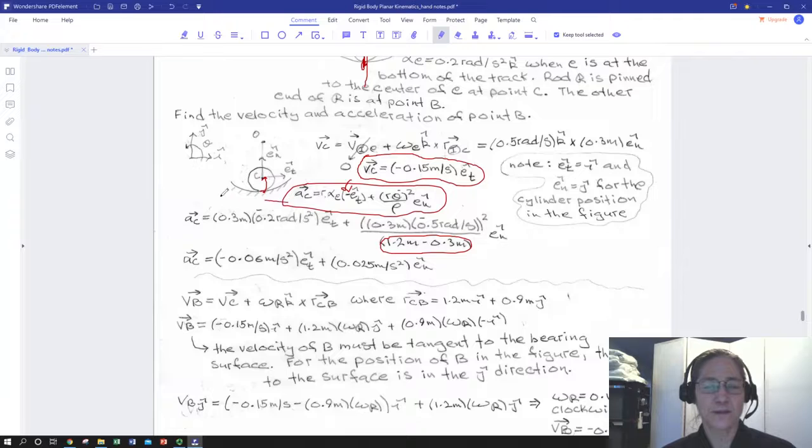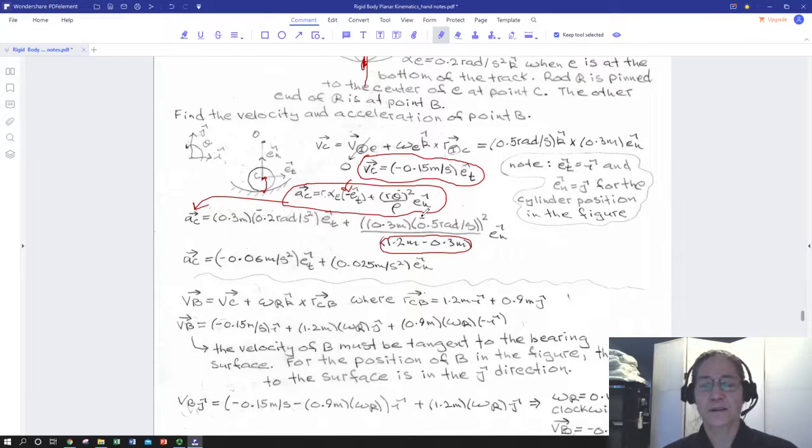So r is 0.3 meters. Our alpha, with a negative, is negative 0.2 radians per second squared in the tangential direction, same as the i direction. And now we're going to populate up here 0.3 meters and 0.5 radians per second.